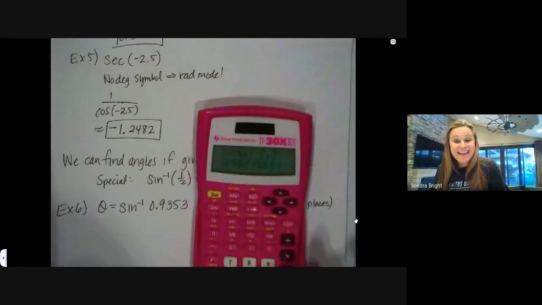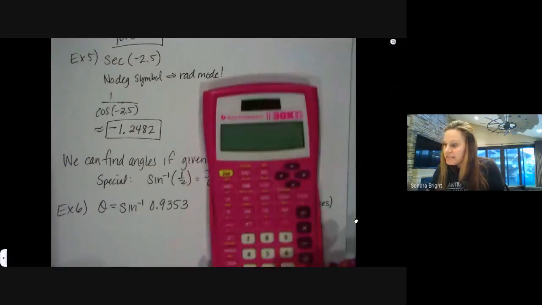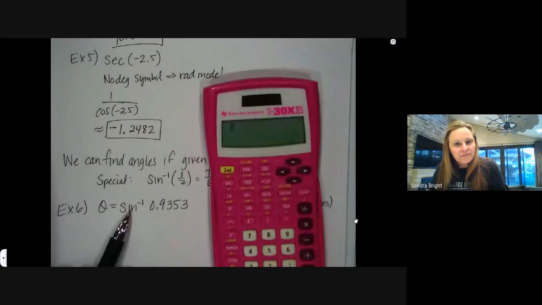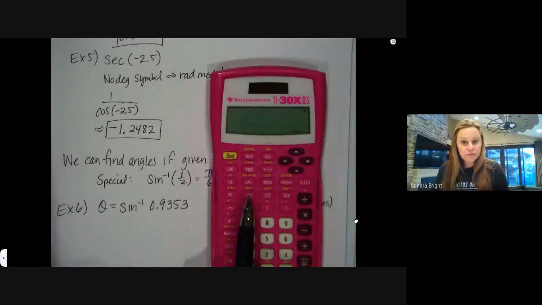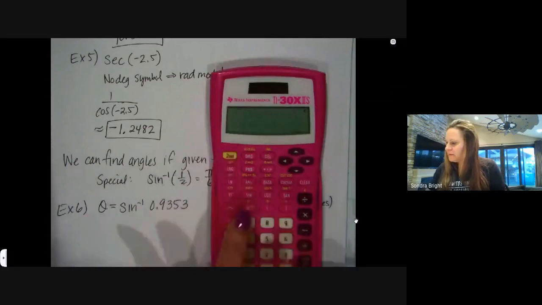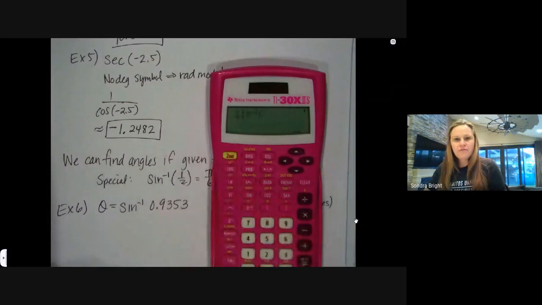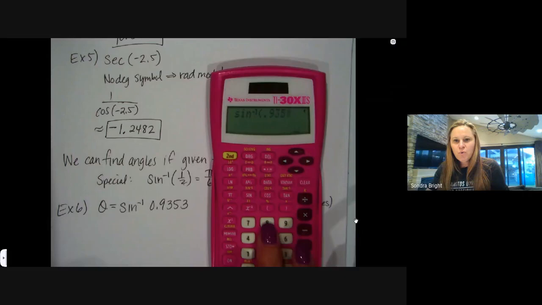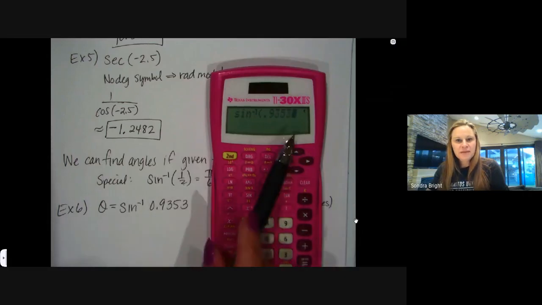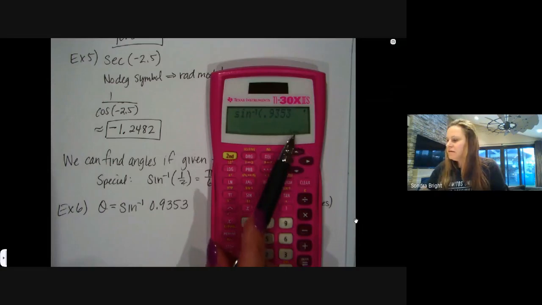Now that guy is that little yellow sign with the little -1 there. So I'm going to hit second sine to bring up inverse sine, and then I'll type in the 0.9353. Make sure you didn't hit any typos. Oh, if I hit enter, I'm going to get a wrong answer because I'm still in radian mode right now. No big deal. Hit DRG, switch it back to degree mode, enter.